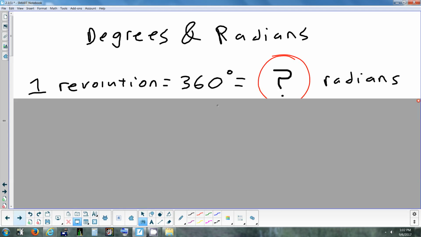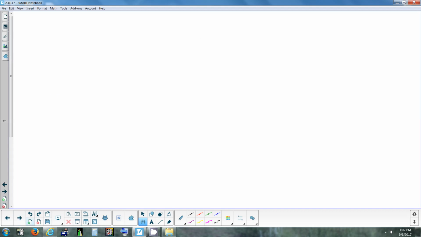So by having this fact, that's kind of a starting fact. You can use that fact that I just underlined in red to convert between revolutions and degrees very easily. Let's say you wanted to know how many revolutions is 510 degrees.